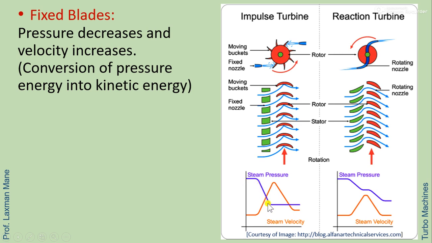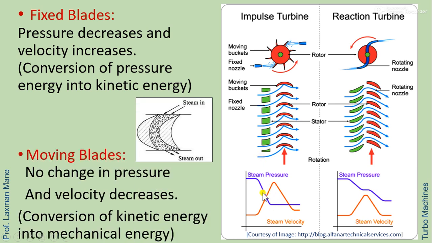Pressure is decreasing in fixed blades, means conversion of pressure energy into kinetic energy takes place in these fixed blades. In moving blades there is no change in pressure and velocity of steam is decreasing, means conversion of kinetic energy into mechanical energy takes place over here.